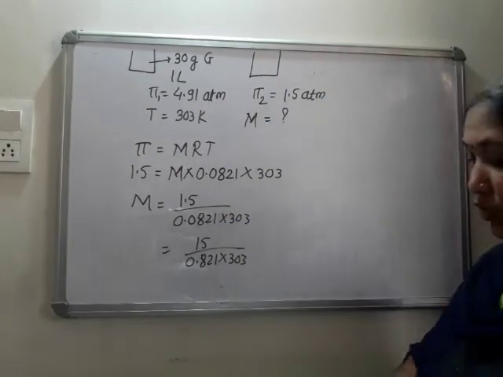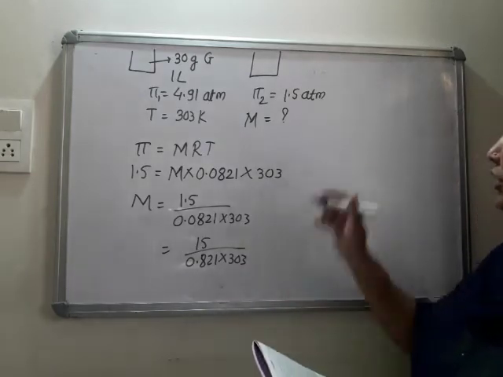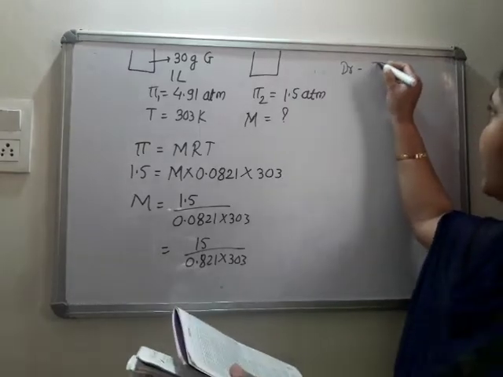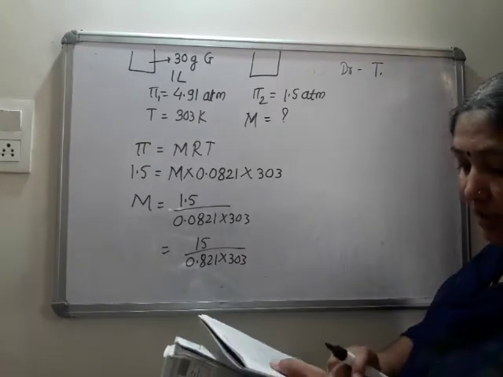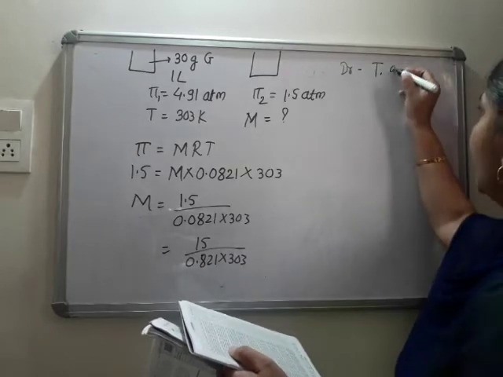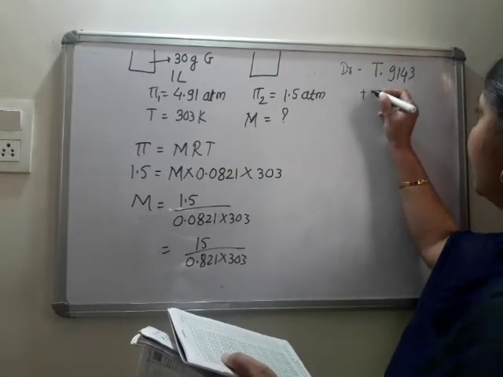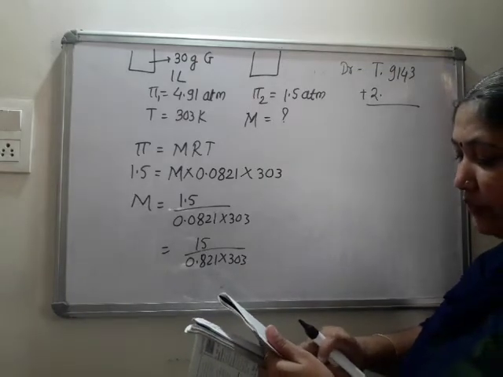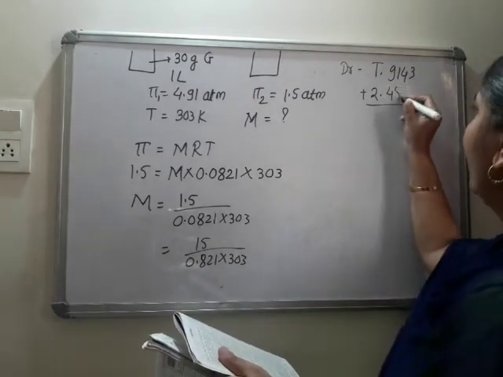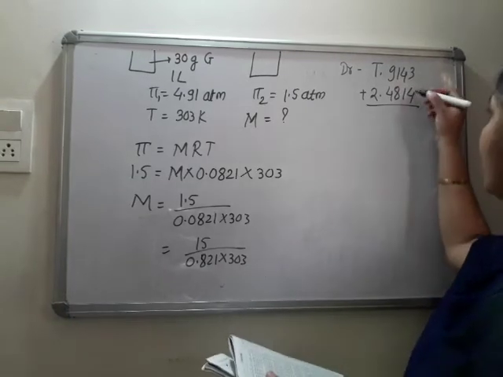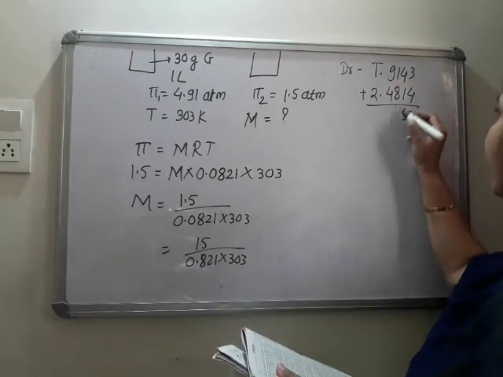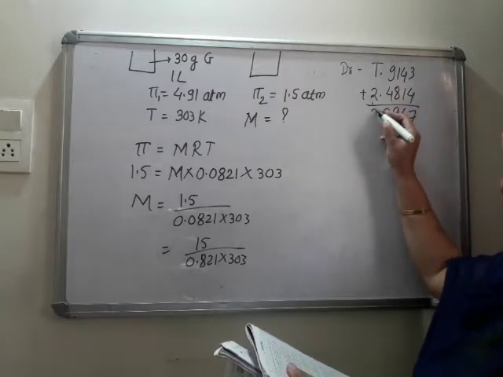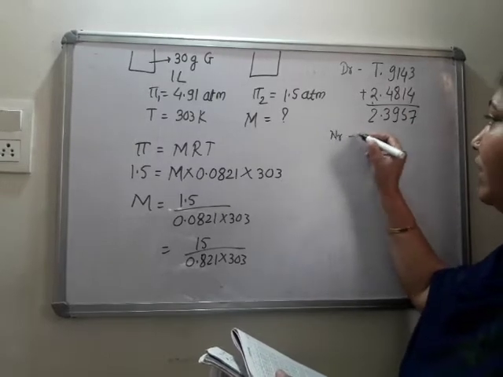So numerator minus denominator. First we will calculate denominator. 0.821 means bar 1 point 9143, plus log of 303, which is 2.4814. So add this. The denominator comes to 2.3957.